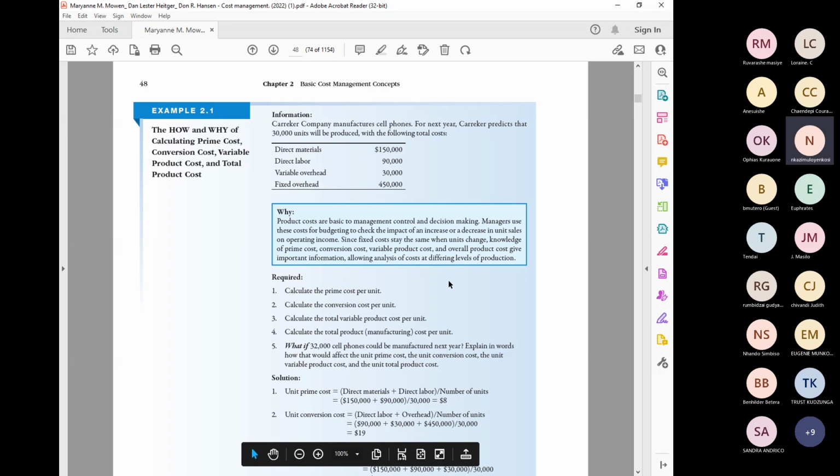What if fewer cell phones could be manufactured next year? Explain in words how that would affect the unit prime cost, the unit conversion cost, the unit variable product cost, and the unit total product cost.